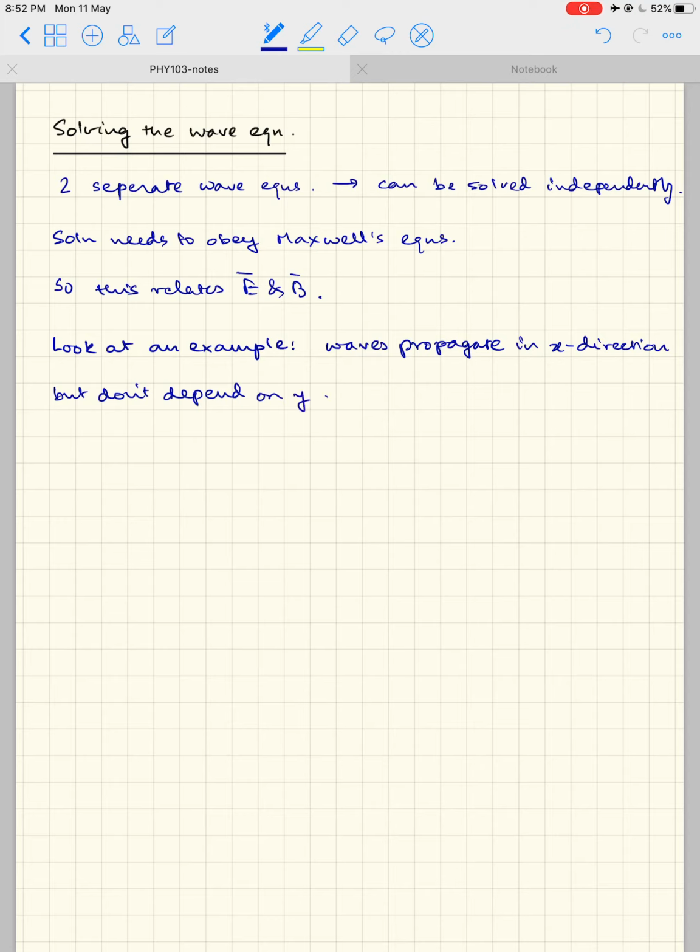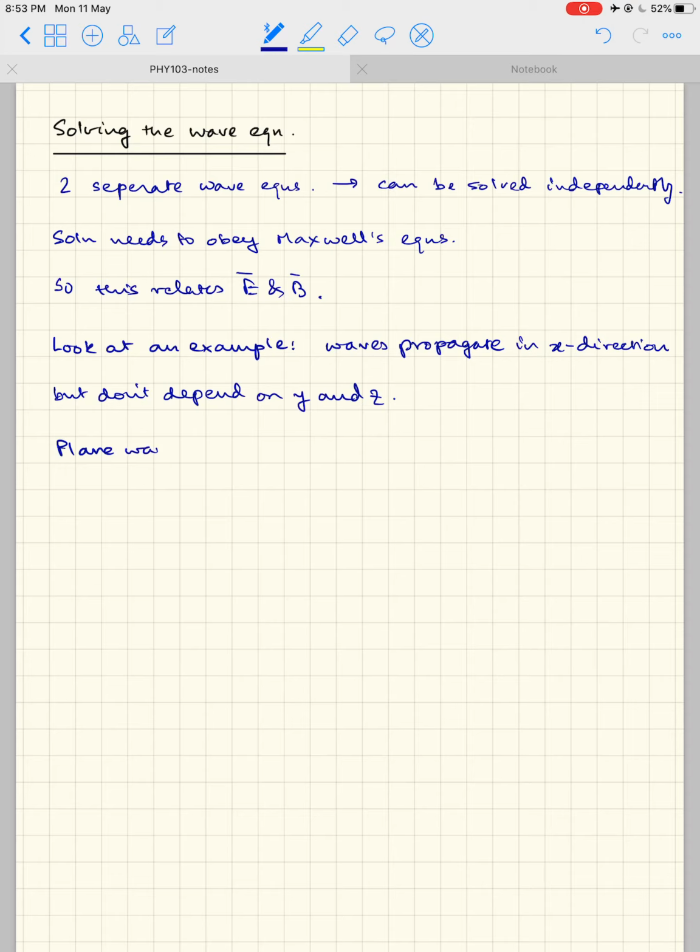So these are called plane waves, because by construction, E and B will be constant in the yz plane.